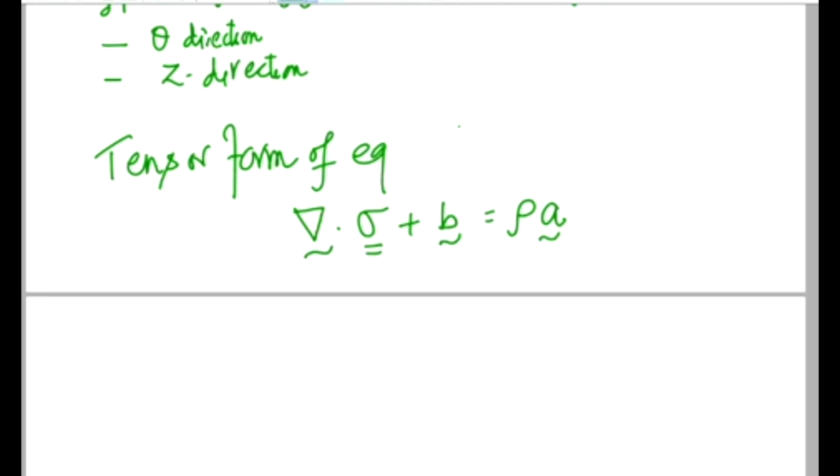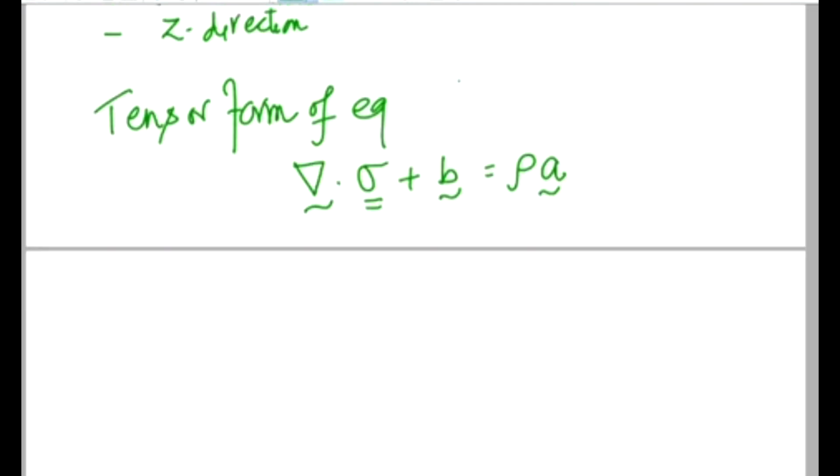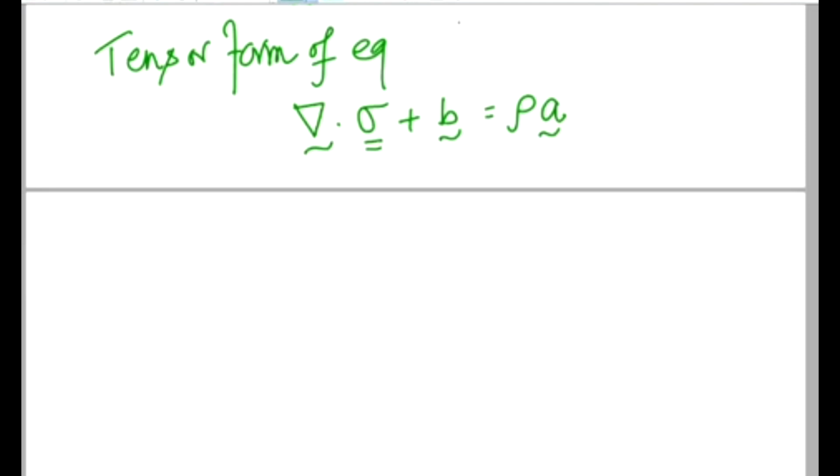And then you will obtain the equations in the related coordinate system. Okay? For example, if we have to do it in the Cartesian coordinate system, then you have to write down the divergence in the Cartesian coordinate system.